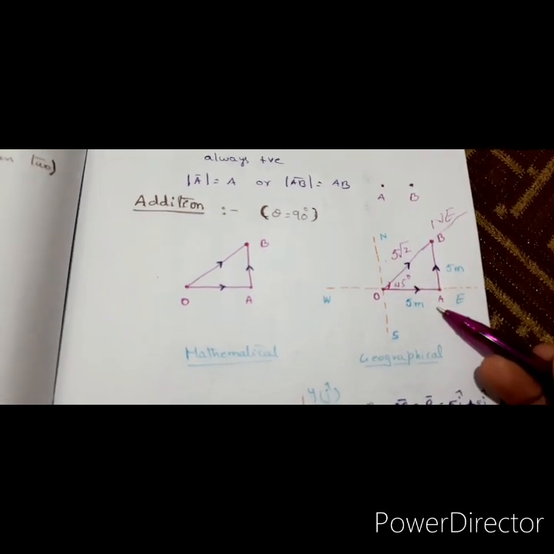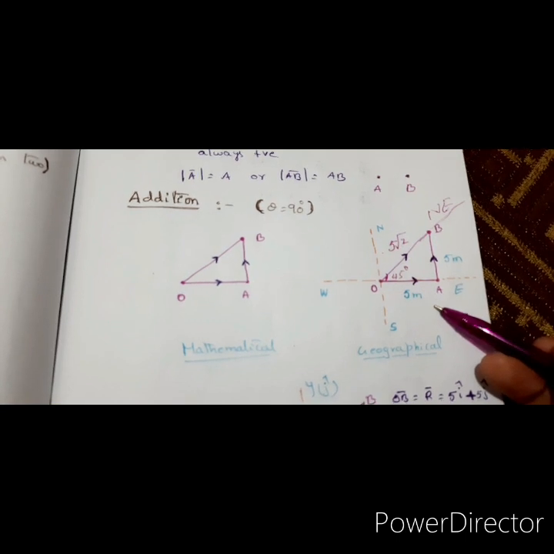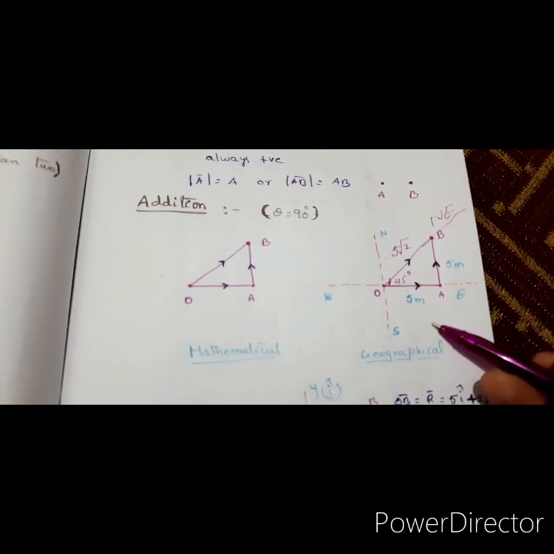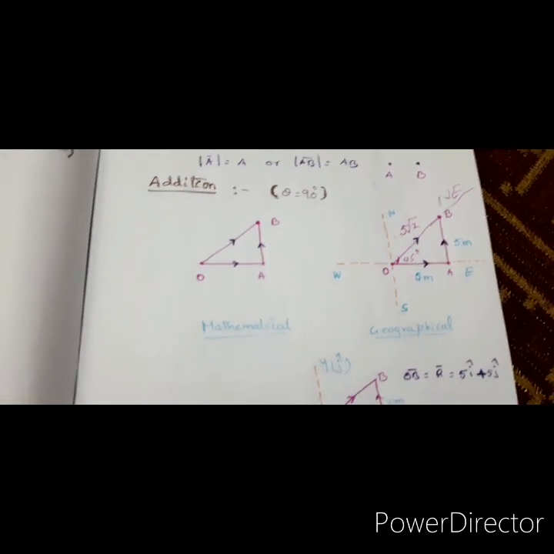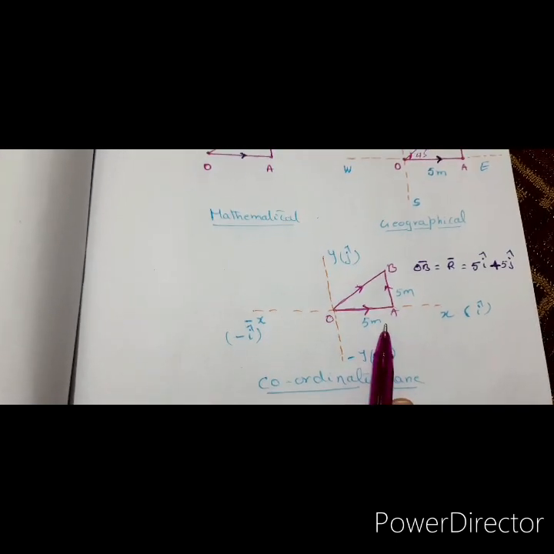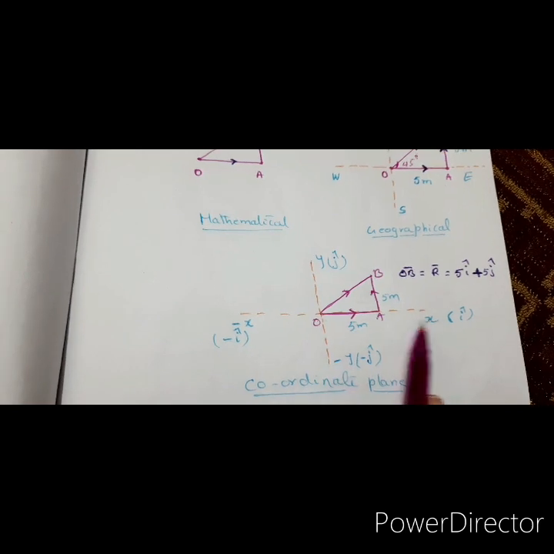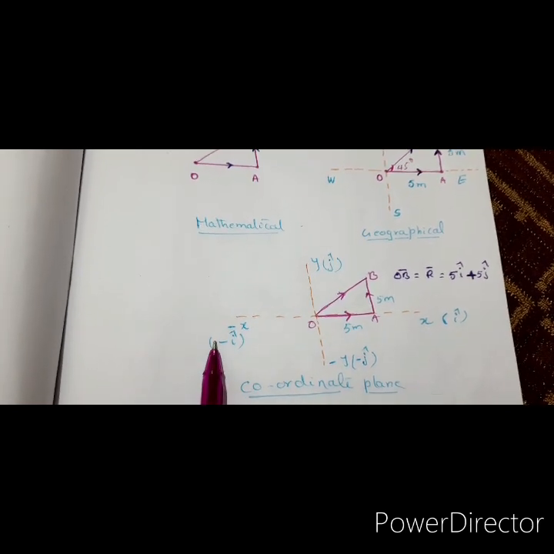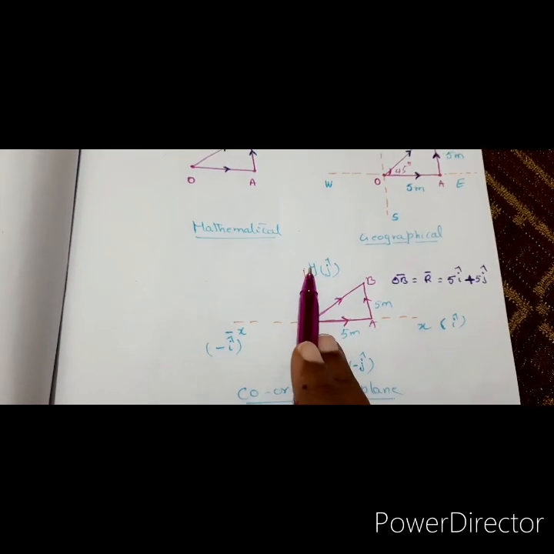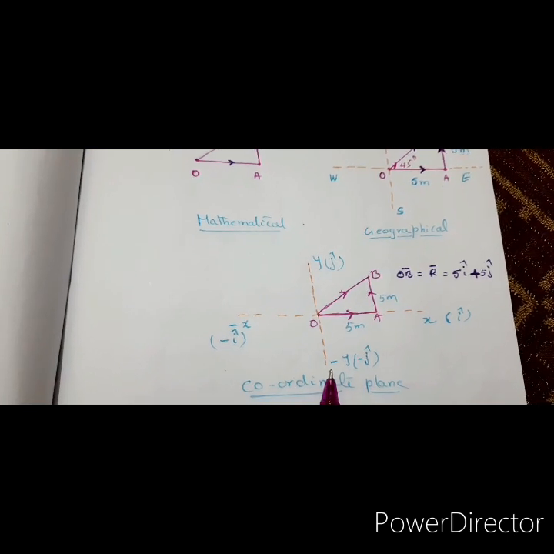The same problem, if it is asked in the xy plane or in a coordinate plane, how does it look? See, this is positive x-axis, this is negative x-axis, positive y-axis and negative y-axis.